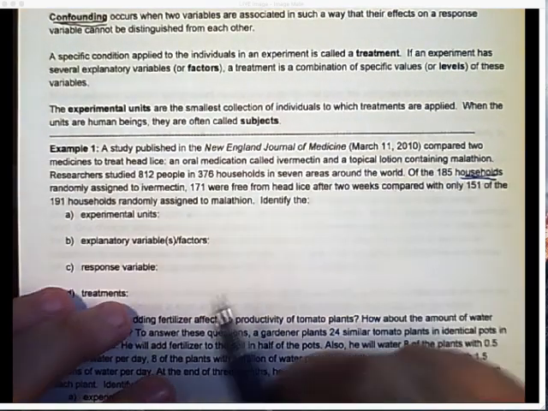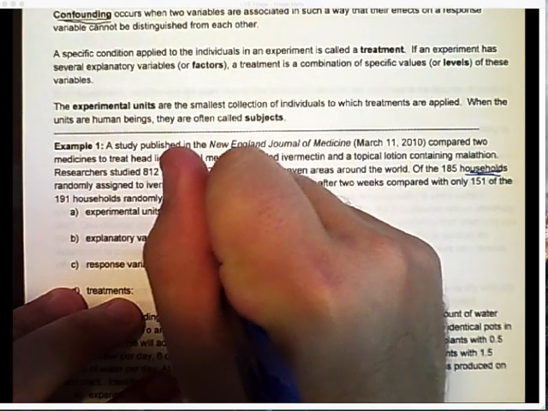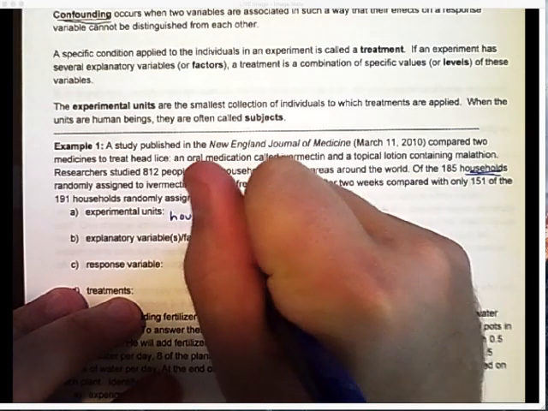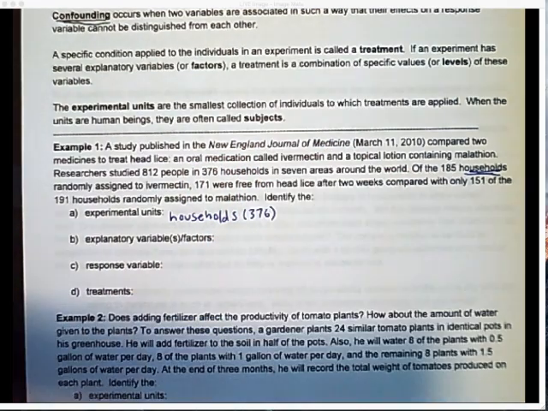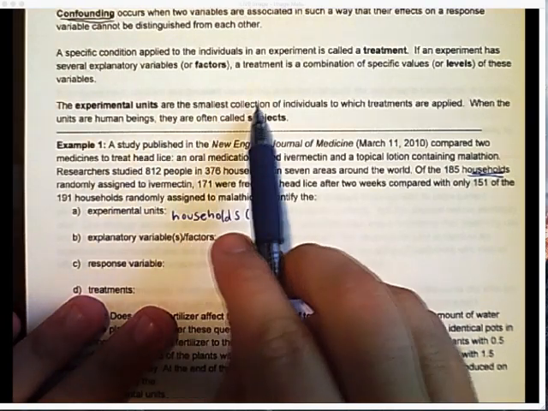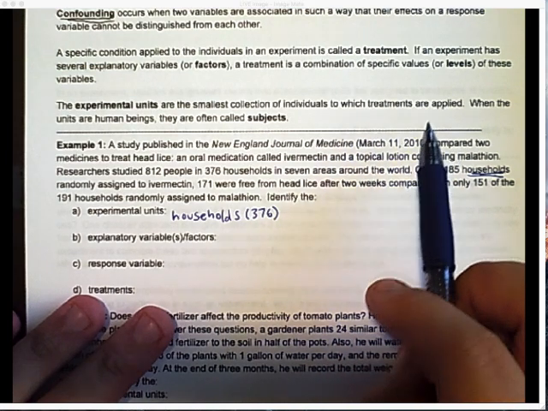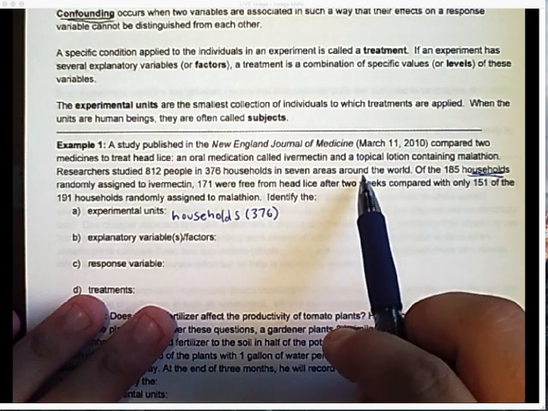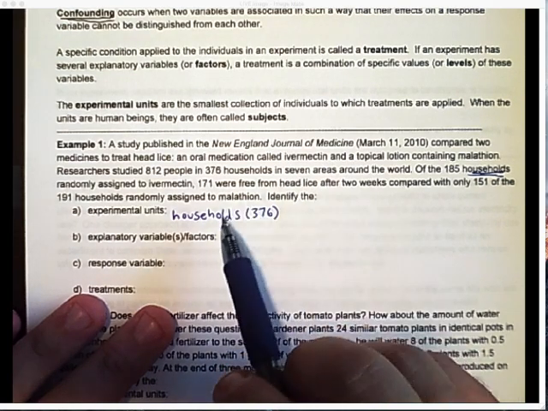So the experimental units are the households, 376 of them. If you read what experimental units are, the smallest collection of individuals to which treatments are applied, we're applying these treatments to the household. Everybody in one household is going to get one of these two drugs.